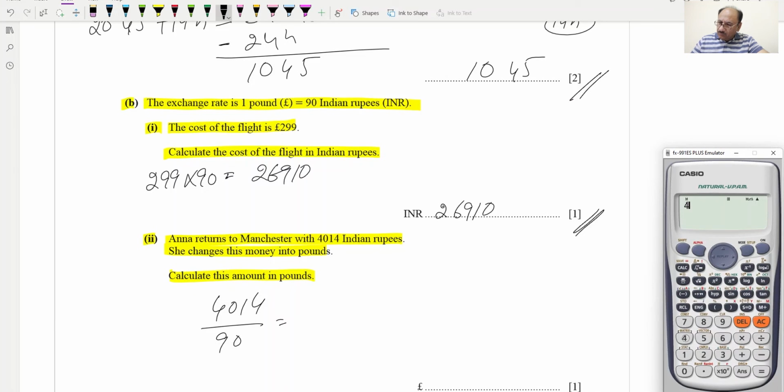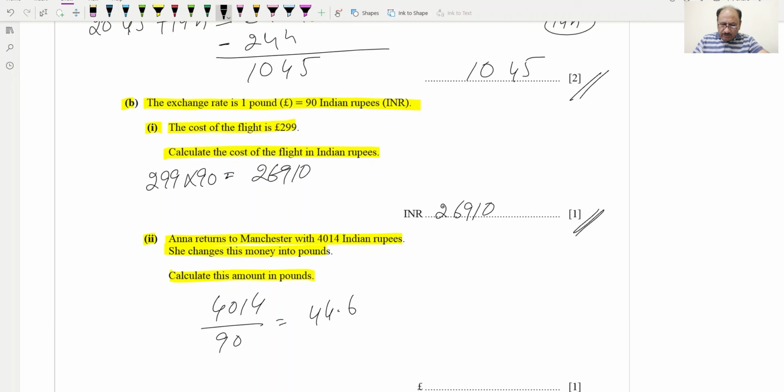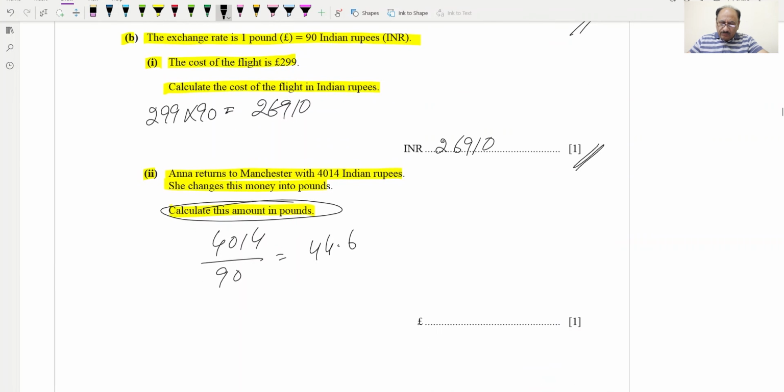We have to divide 4014 by 90, and this is equal to 44.6. So this will be the amount in pounds. You can write 44.6 pounds. This is 1 mark.